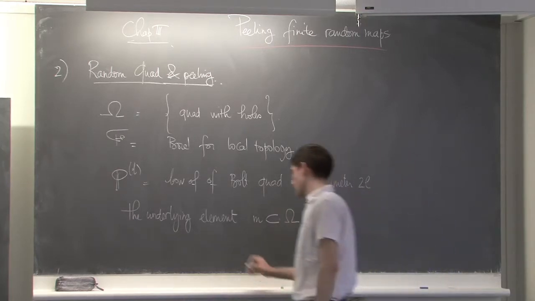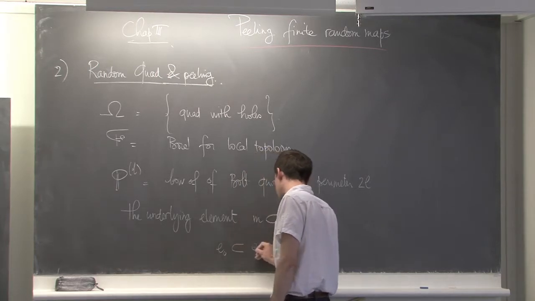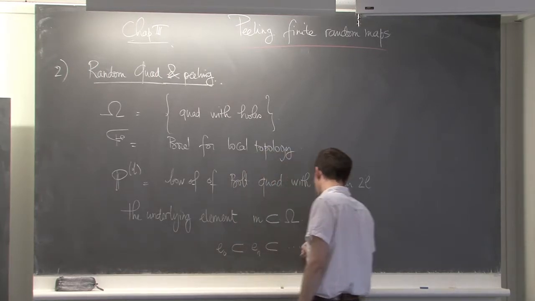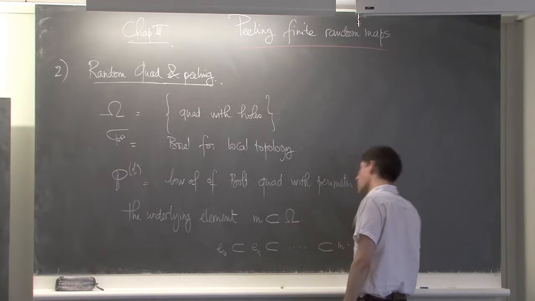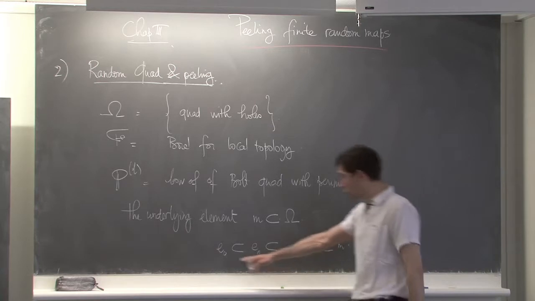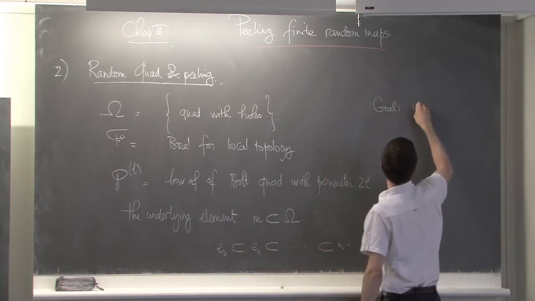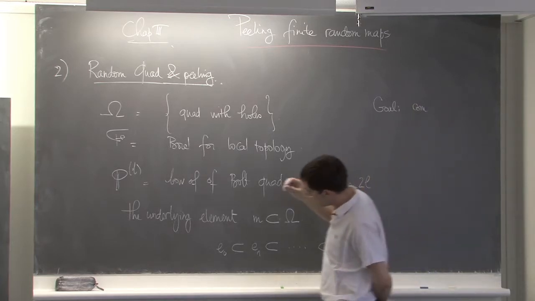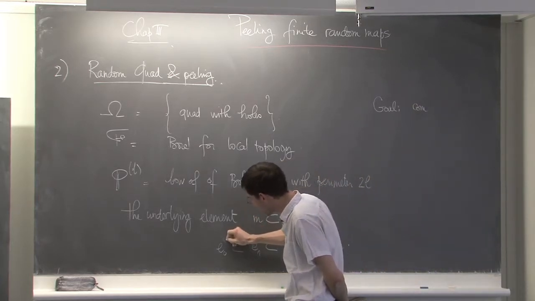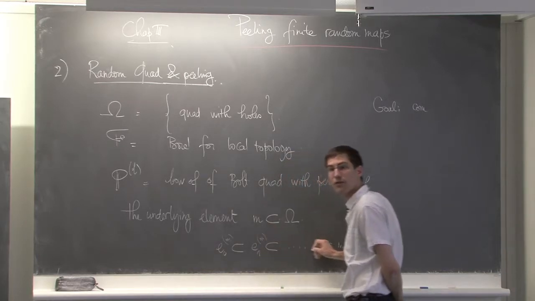And so I can associate the random variable, which is just the increasing peeling sequence of my random element. And the goal is to compute the law of this guy. Goal: compute. Okay, if you want me to be really precise, I should put E0 of M, E1 of M, and so on and so forth.